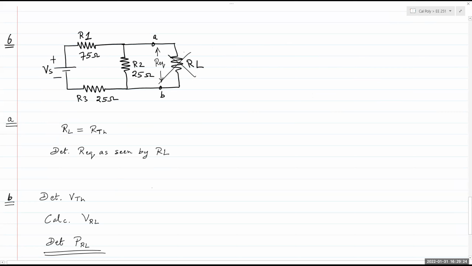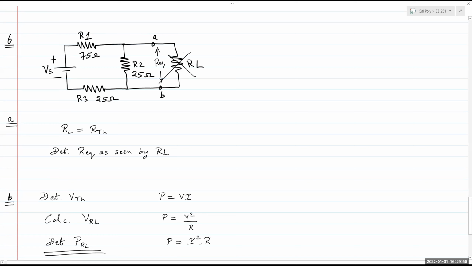Well, if you remember from chapter 1, power is the product of voltage and current. Power combined with Ohm's law can also be written as V squared over R, or I squared times R. So you can find the current going through RL, or you can find the voltage across RL.